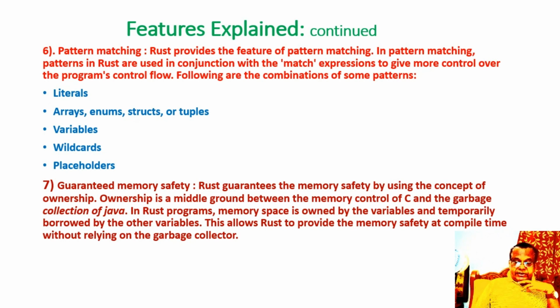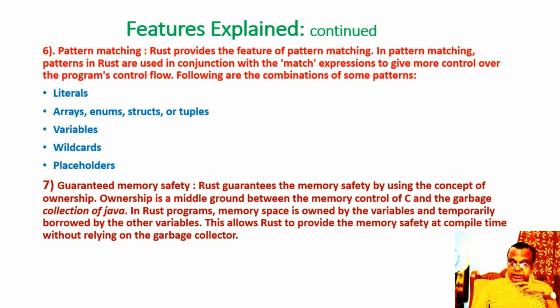The next feature is 7. Guaranteed memory safety. Rust guarantees the memory safety by using the concept of ownership. Ownership is a middle ground between the memory control of C and the garbage collection of Java.